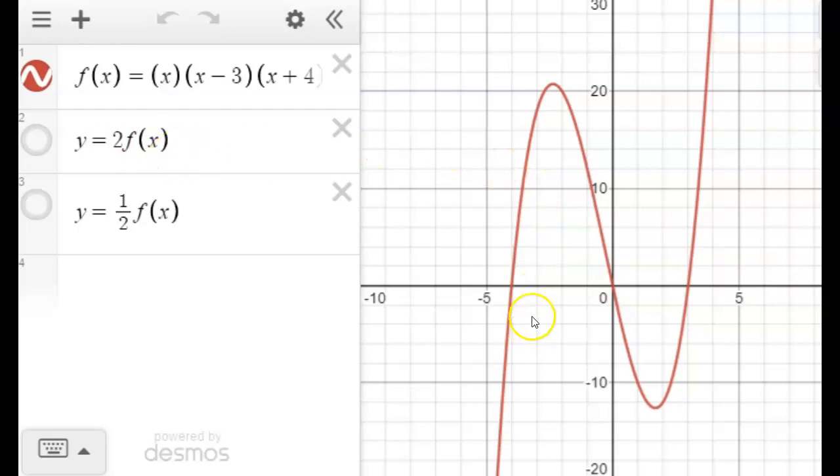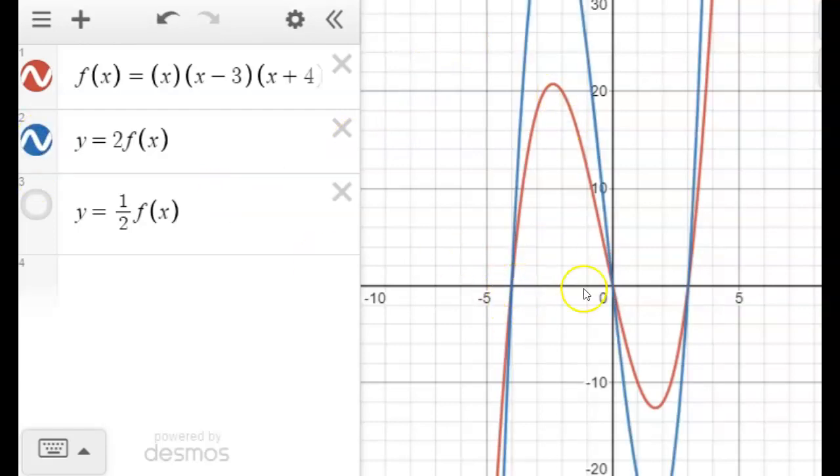Stretch all the y values up 2. Everybody good? So if this was down at like -12, it's going to go down to -24 or something. Okay, I'll show you what happens. It does not change the x-intercepts. Does everybody see that? It just changes the y values. If I put a 1/2, then it shrinks the y values by 1/2, but it does not change the x's.